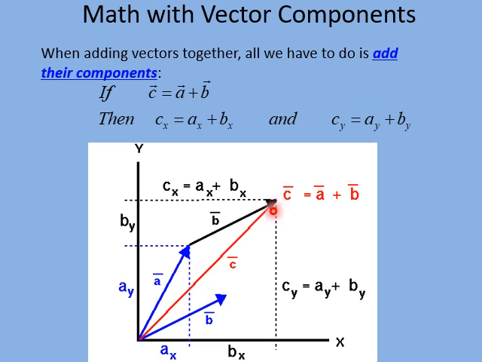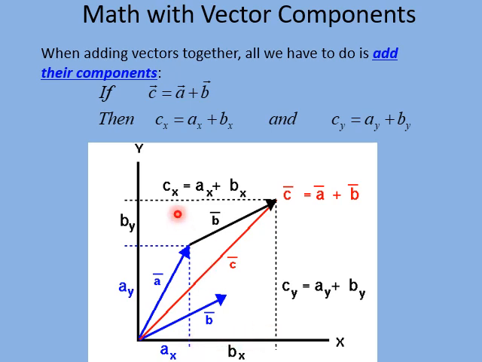But notice what happens here. We have the x component of C, which means from the origin all the way over to here, is just the x component of A, which is A sub x, plus the x component of B, B sub x.